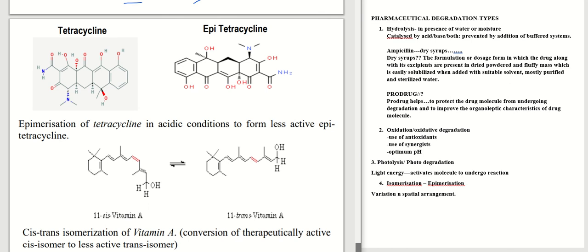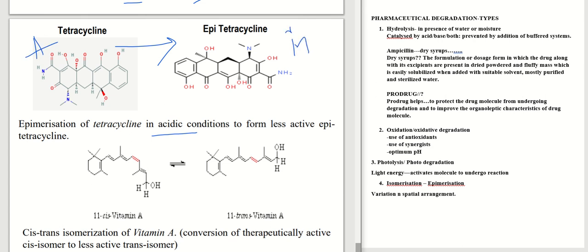Let me explain with another example, tetracycline. If tetracycline is stored or formulated in acidic conditions, if the formulation has low pH, the tetracycline will get converted to epitetracycline.